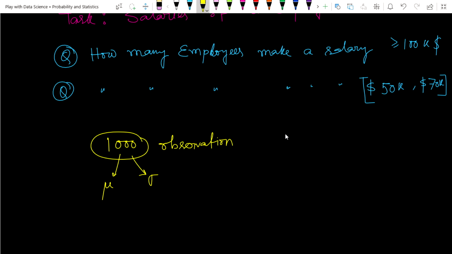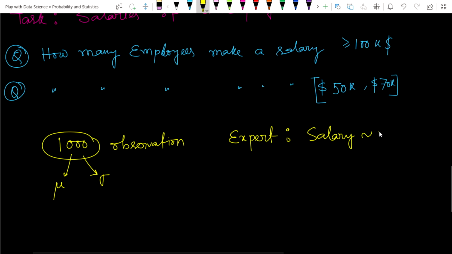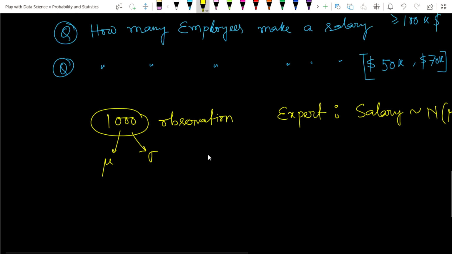Suppose from the expert we know that the salary of humans follows the normal distribution. From the expert we get that the salary of a human follows the normal distribution, and from the sample data we can calculate its mean and variance.